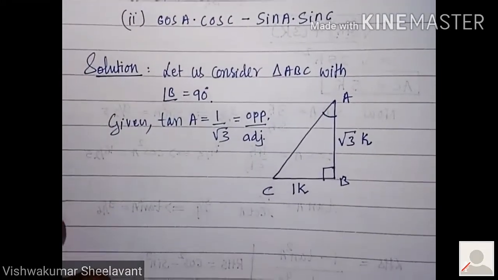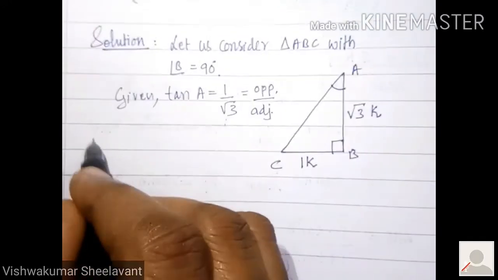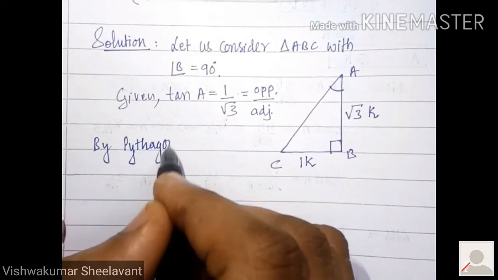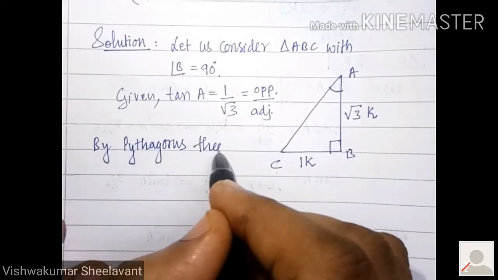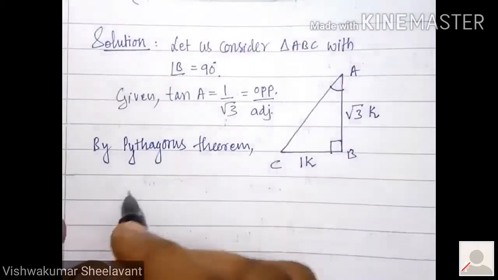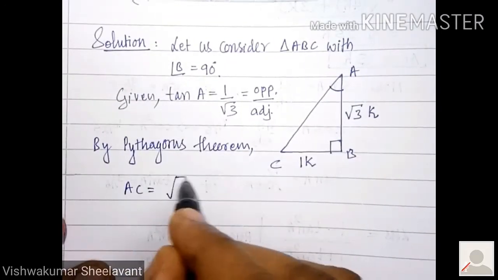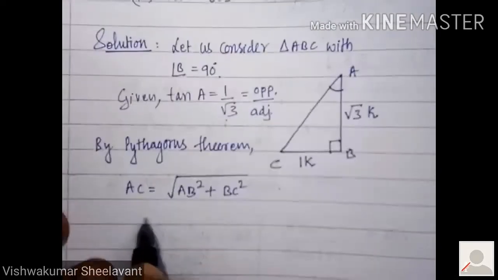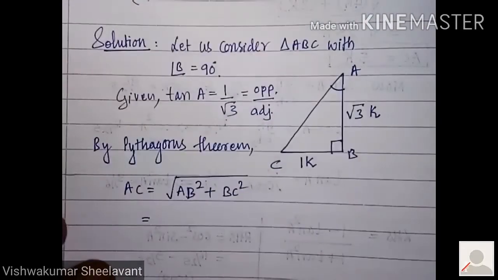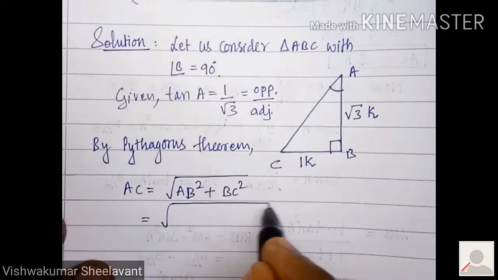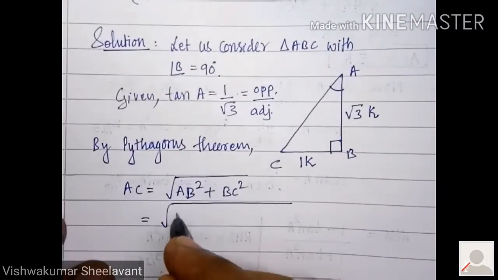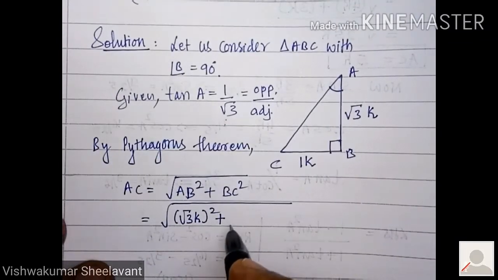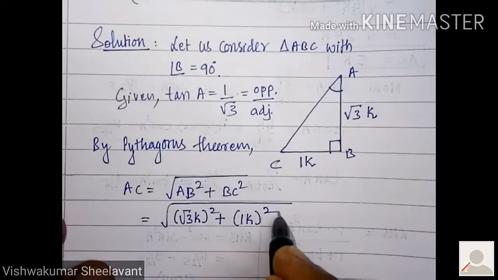By Pythagoras theorem, AC equals the square root of AB square plus BC square, that is, under root, root 3K whole square plus 1K whole square.